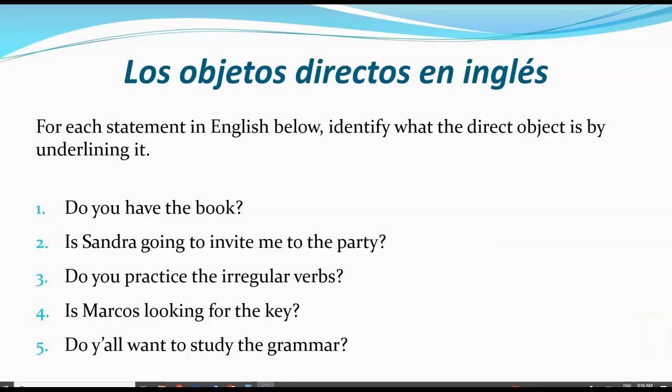Les di en clase el otro día un papelito, a little half sheet of paper, where on one side you have English questions and on the other side you have some Spanish questions. So what I would like you to do right now is, on that little sheet of paper, you can stop the video, find that sheet of paper, and I want you to identify what the direct object is by underlining it.